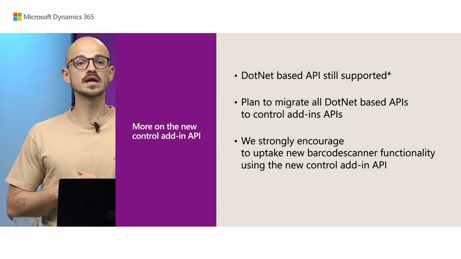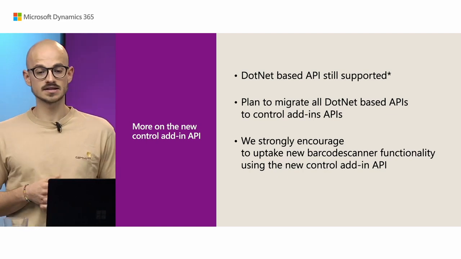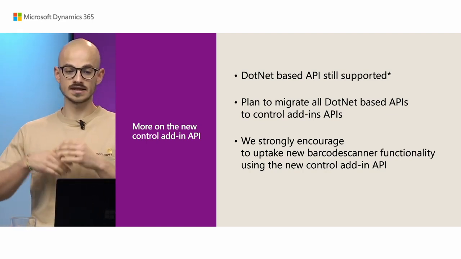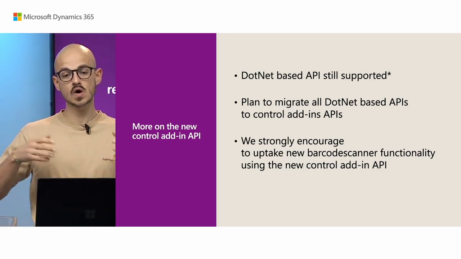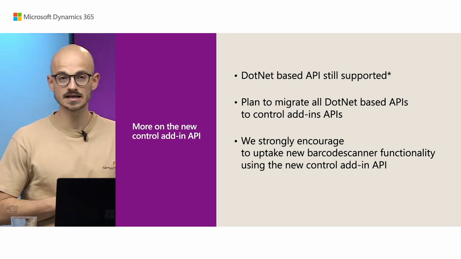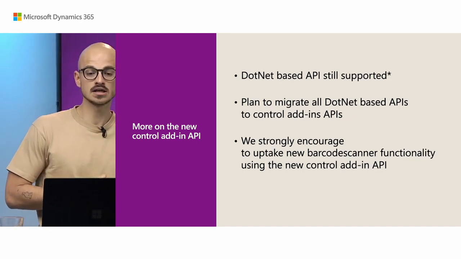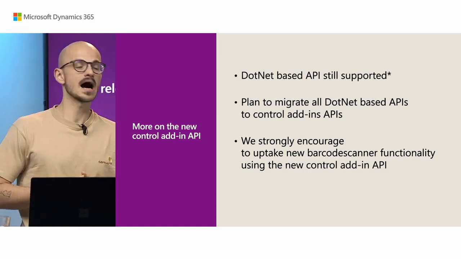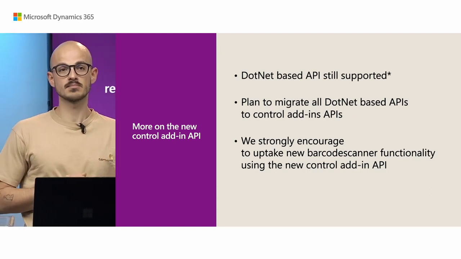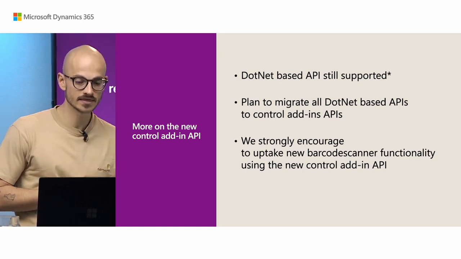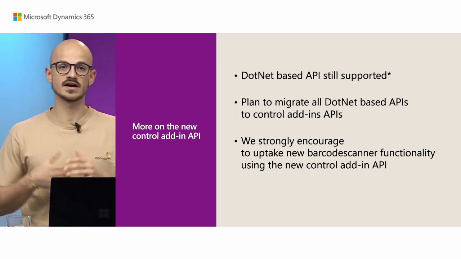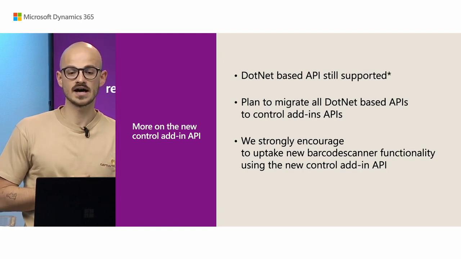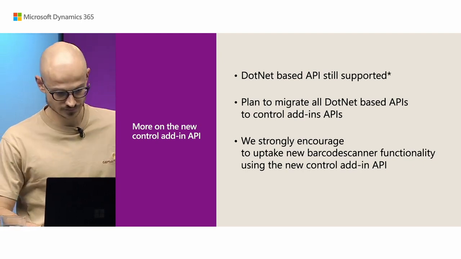However, we plan to migrate all the .NET-based APIs to control add-ins, and therefore we strongly encourage to uptake any new barcode scanning functionality in your app using the control add-in API. And in the upcoming releases, we are also going to be making other client extensibility methods, such as the location provider, available via the control add-ins.